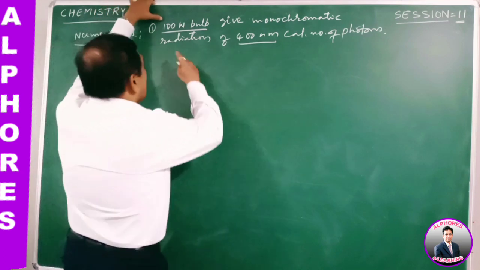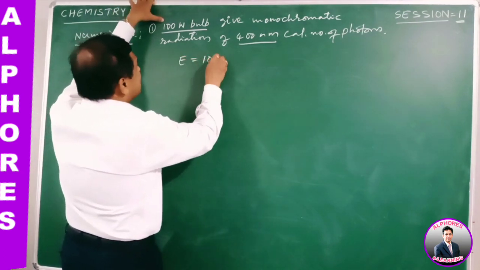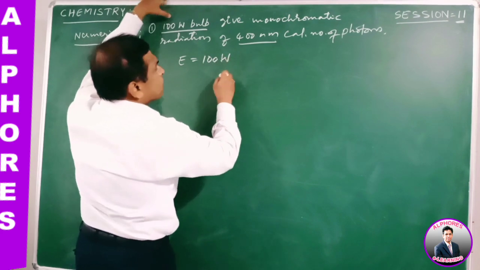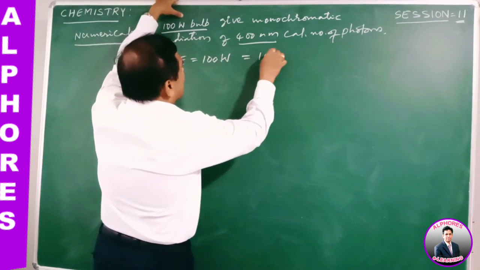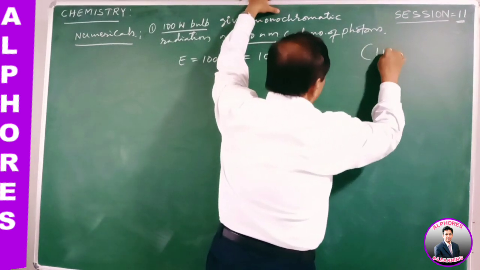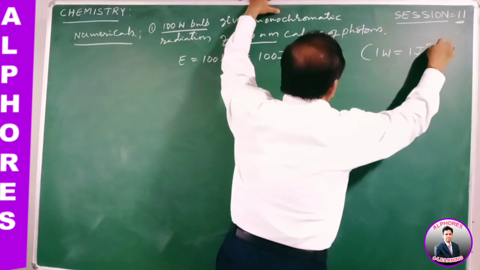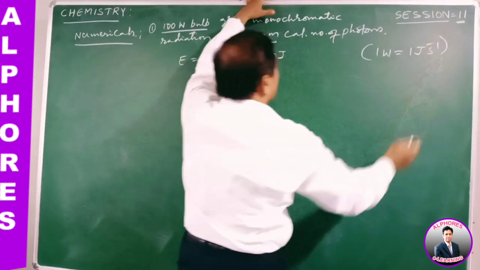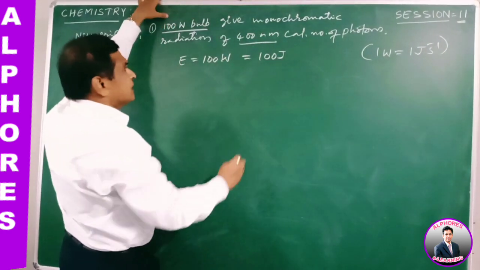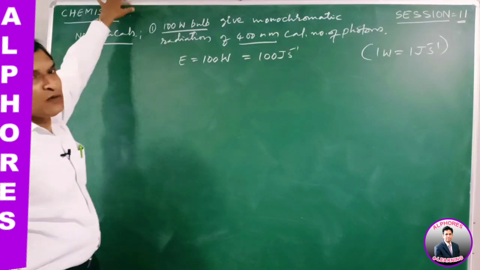Energy is given in the form of 100 watt. 1 watt is equal to 1 joule per second. We should not forget that it is 100 joules per second, that is the 100 watt energy.